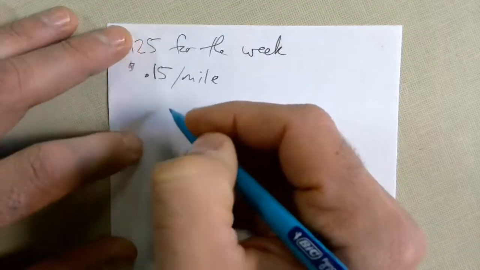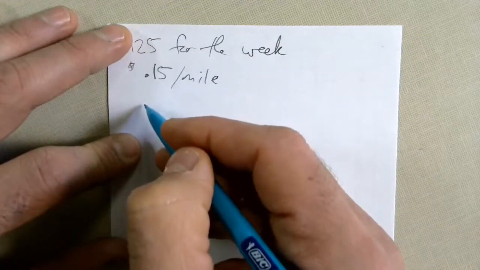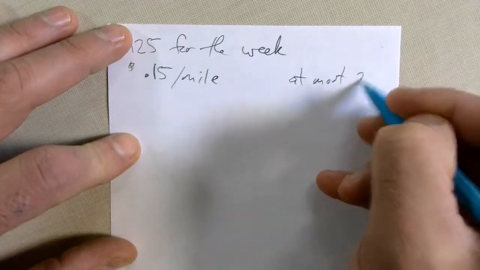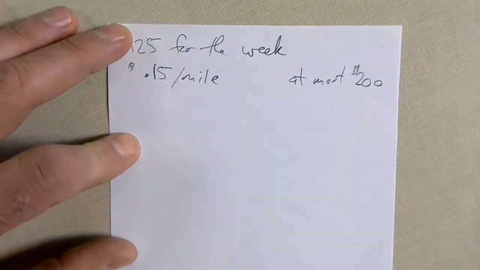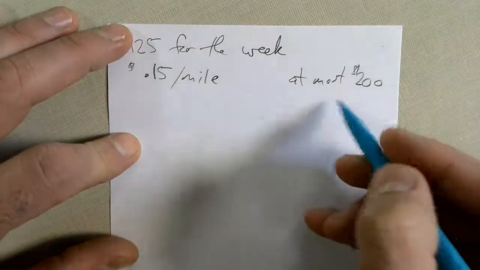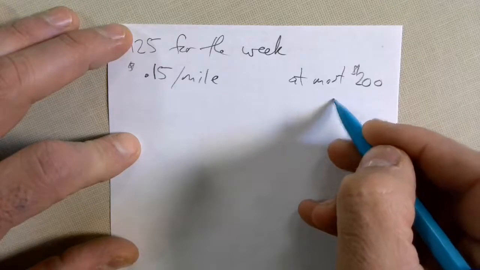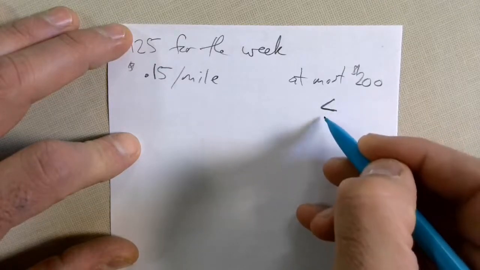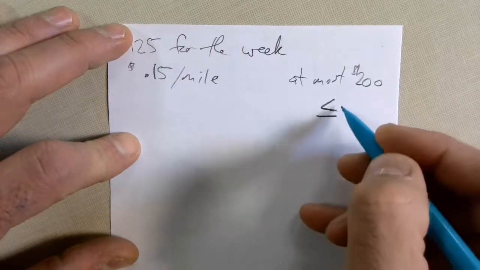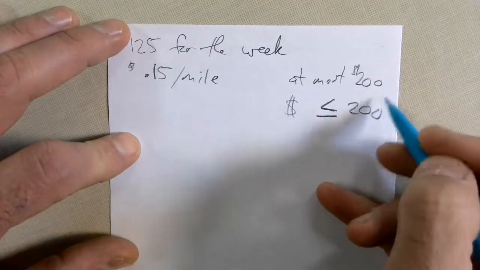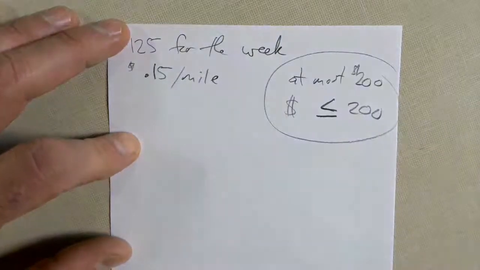How far to the nearest mile can Mike travel if he wants to spend at most $200? Now, at most. So let's just think it through. Can it be less than $200? Yes. Can it be equal to $200? Yes. So the money has to be less than or equal to $200. That's what at most means.